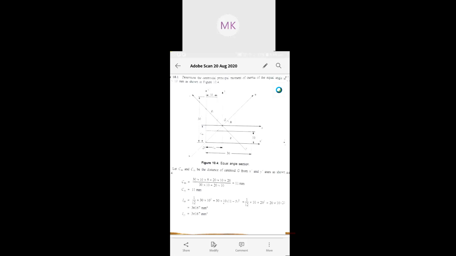Now, the main thing is h1. What is this h1? This h1 is the centroidal distance of the section from the x-axis, that is g1. I think all of you have seen small g1 and small g2 written, that distance from the x-axis.